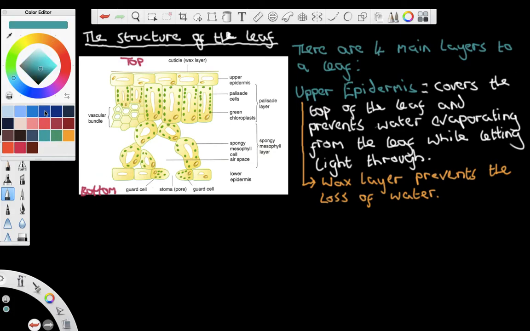The second one we need to talk about is this one here, the palisade layer. So we've got the upper epidermis, which we've spoken about first. We're now going to talk about the palisade layer.